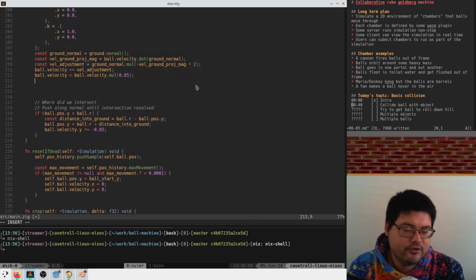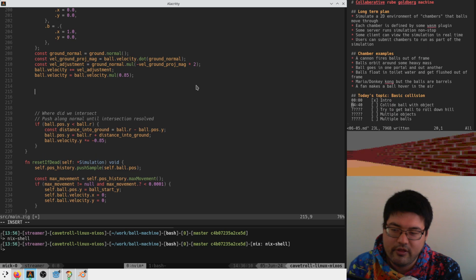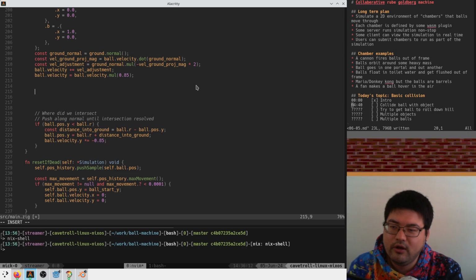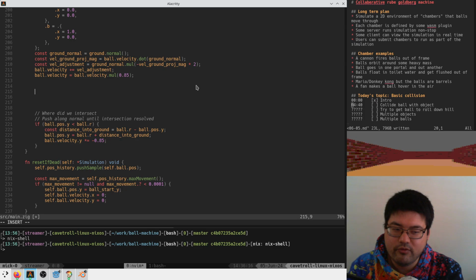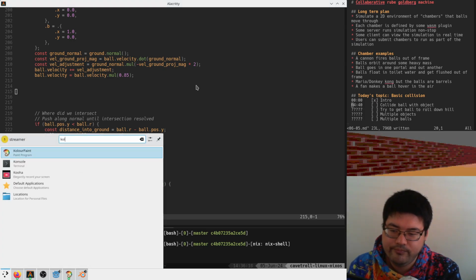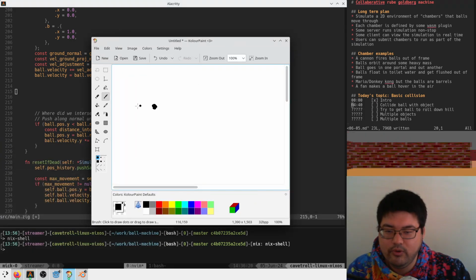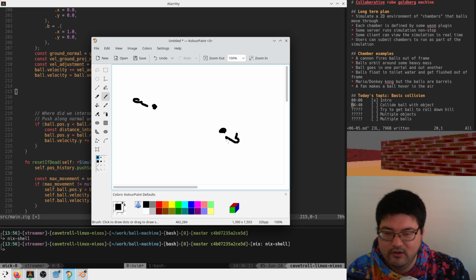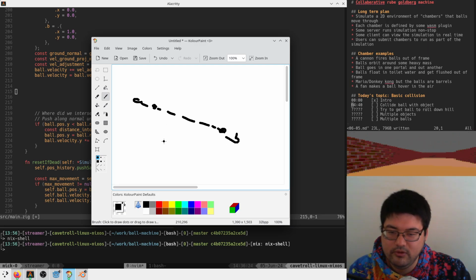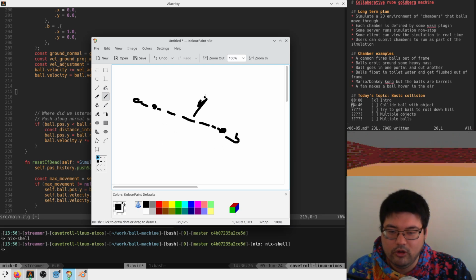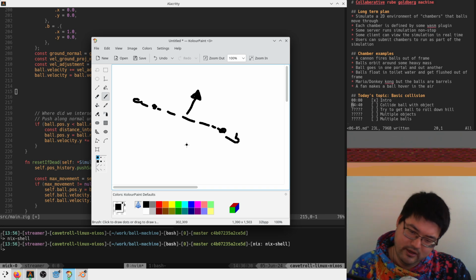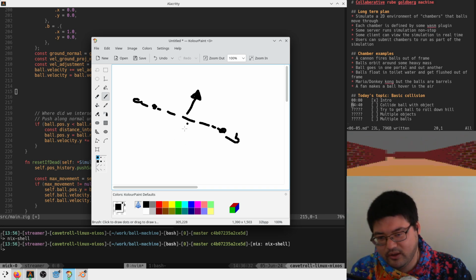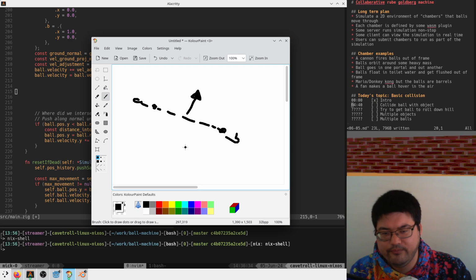Okay, what we're doing, we were trying to push a ball out of the thing, so we say how far have we gone through the wall? So we have point A and we have point B and we have a line between them. We have the normal. And surely there's some way to see how far into this thing we are.